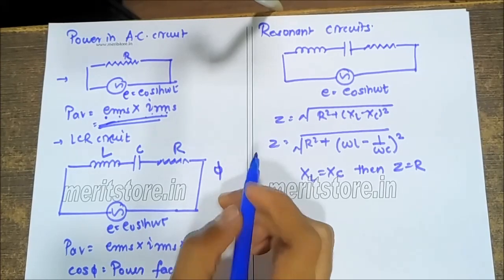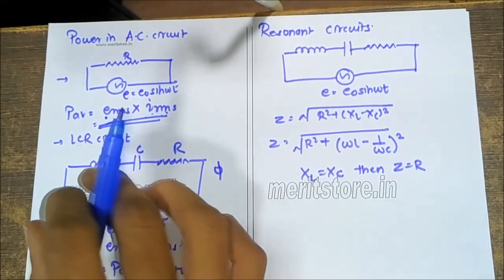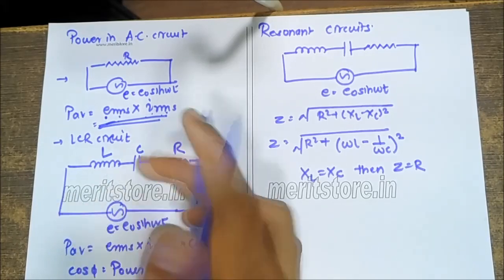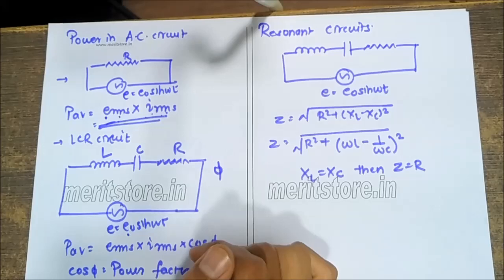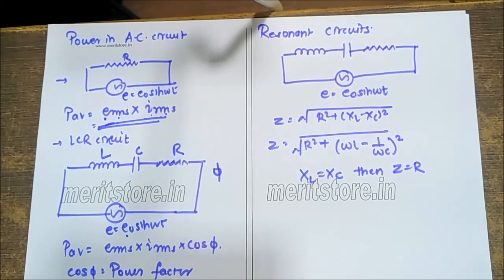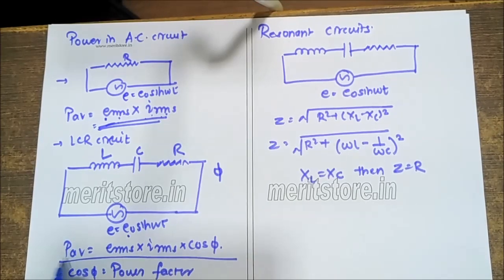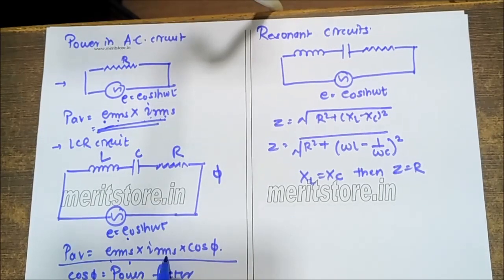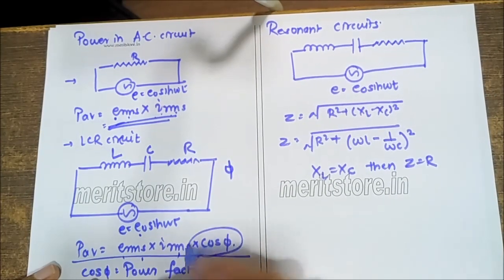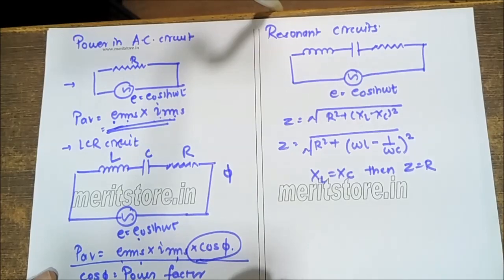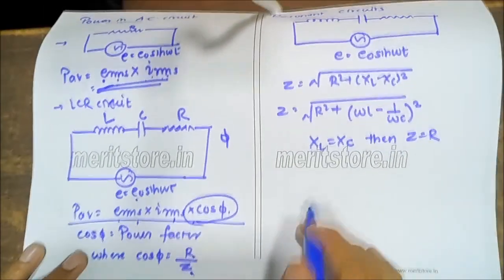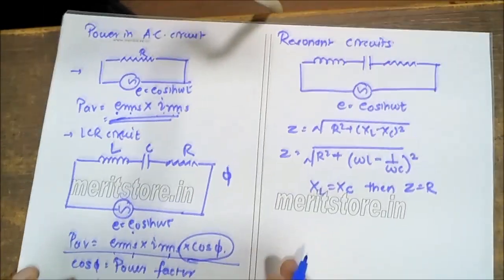Putting this in the equation, the average power depends on E_RMS multiplied by I_RMS multiplied by cos phi, where cos phi is called the power factor, and it equals R upon Z, where R is the resistance and Z is the impedance.